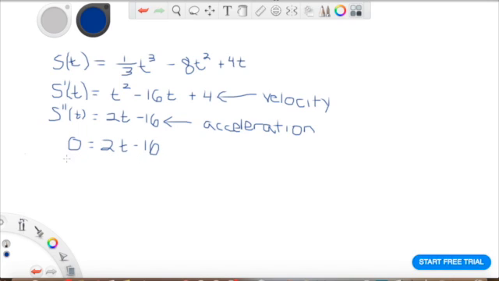Now we're going to try and isolate the t, so bring that over. So that's 16 equals 2t. And then we're going to divide both sides by 2, which leaves 8 equals t.